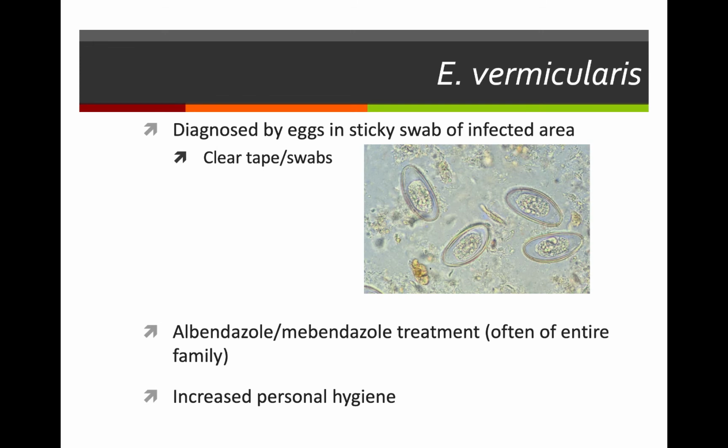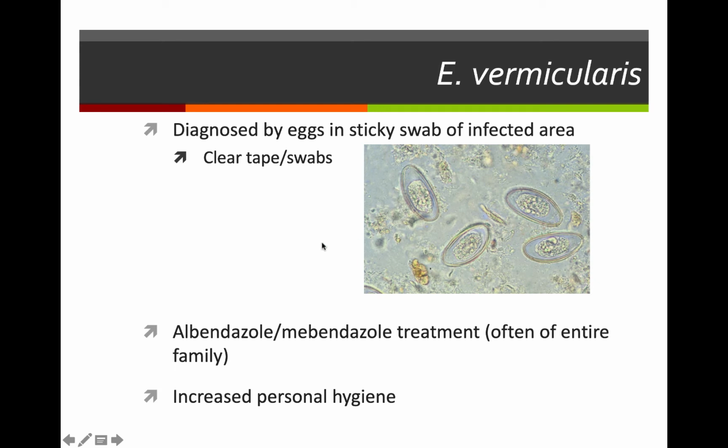Generally, the way that we will treat a pinworm infection is through albendazole or mebendazole of the entire family, because let's be real, if your 3-year-old has it, your whole house probably has it too, because that's just the way kids are. Relatively easy to diagnose. You will find eggs in a sticky swab of the infected area.